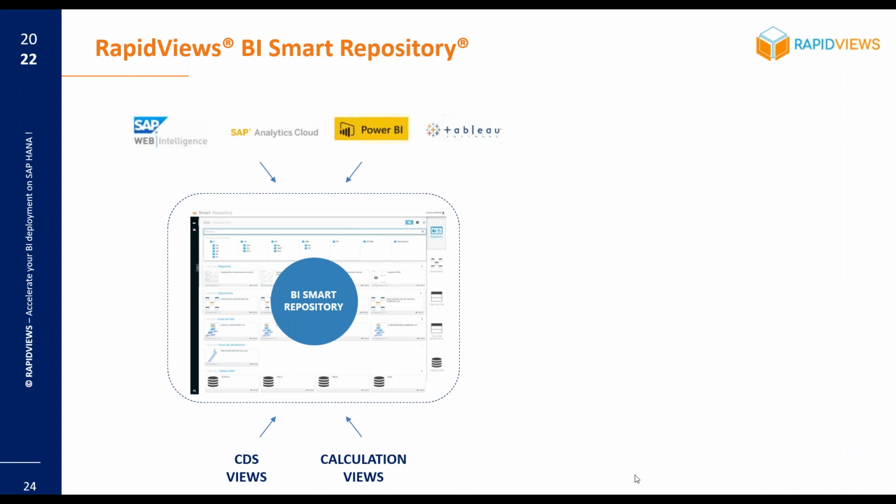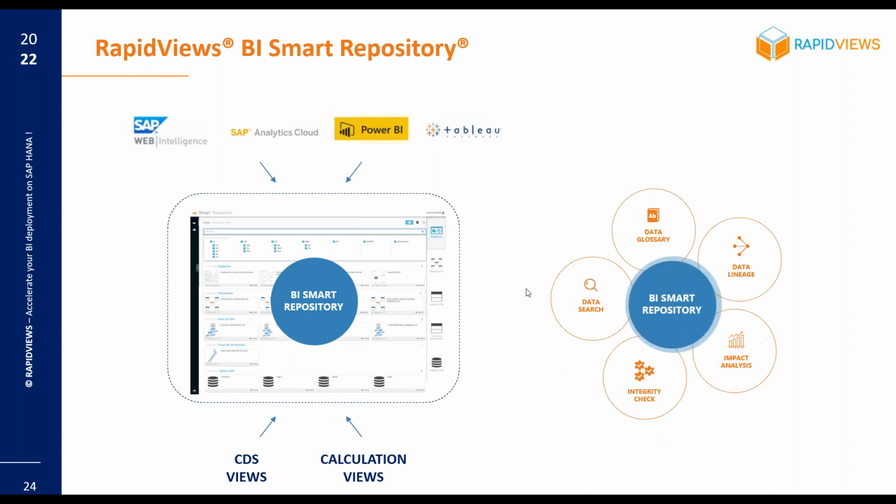It's a metadata platform which centralizes the Rapidviews Foundation, so all developments are made from standard Rapidviews, and you can integrate your metadata information from SAP BI reporting tools or Power BI or Tableau into this referential, as well as your CDS views and calculation views to have an overview of your overall BI environments.